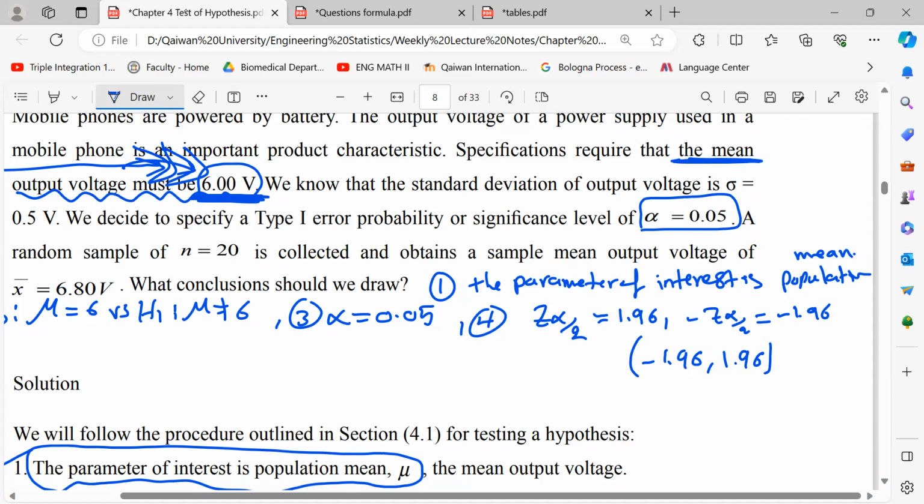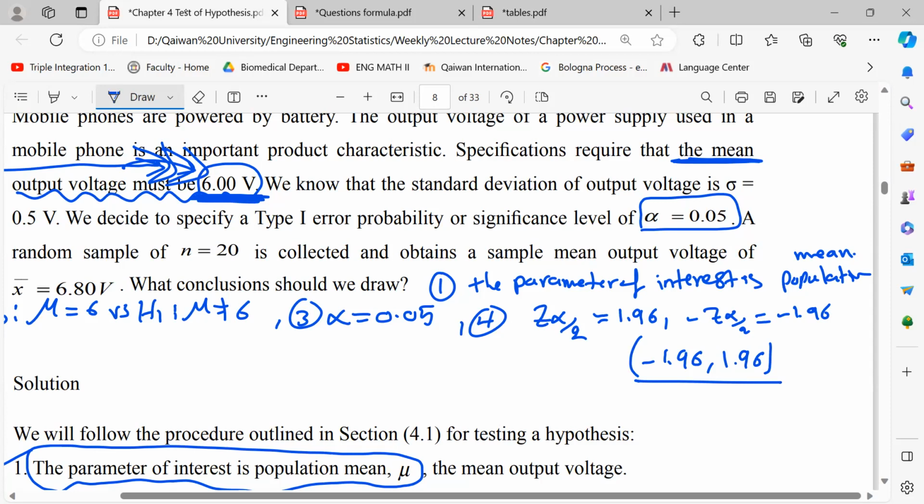In the next step, step 5, the main step, we need to find the test statistic, the z-test. After finding z-test, we compare it with this interval to see if it's in it or not. If it's in the interval, we say we cannot reject H0.